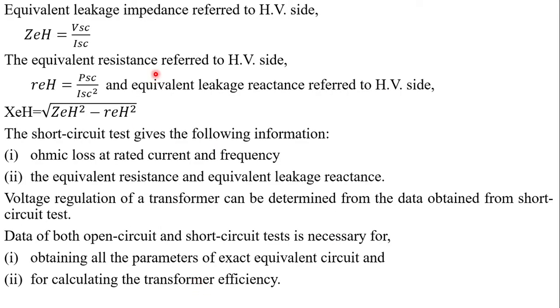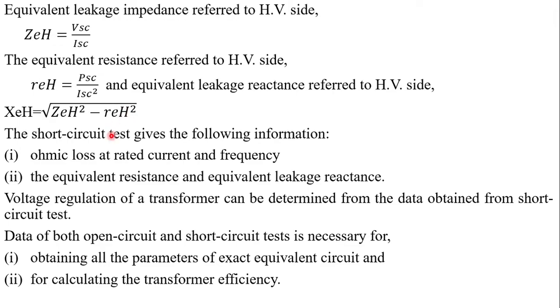The equivalent leakage impedance referred to the high voltage side, ZH, is equal to short circuit voltage over short circuit current, while the equivalent resistance referred to the high voltage side, RH, is equal to short circuit power over short circuit current squared, and the equivalent leakage reactance referred to the high voltage side is equal to the square root of impedance squared minus resistance squared.